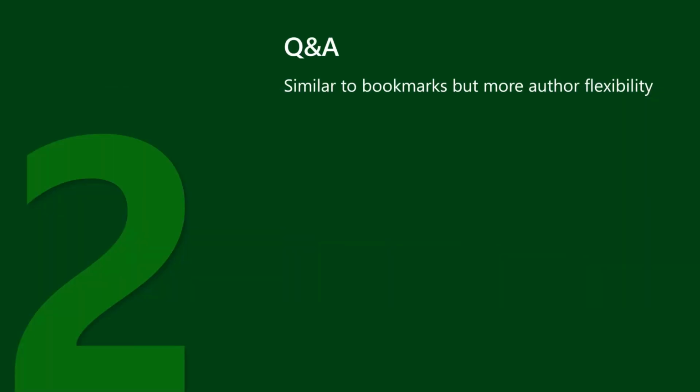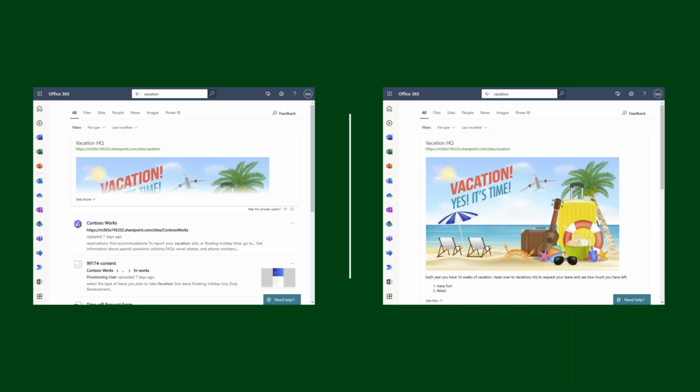If you then move over to Q&A, it's the big brother or sister of the bookmark, but it allows for more author flexibility. Here's one I created for vacation. You see I have a large image there, and if you look at the expanded version to the right, I also have a list with 1 and 2, have fun and relax.